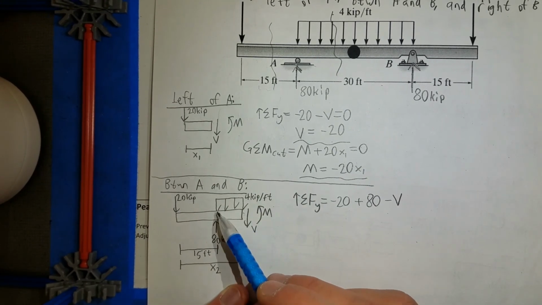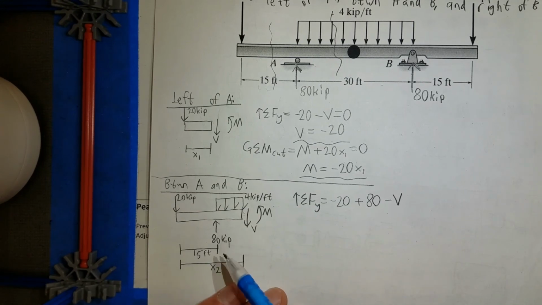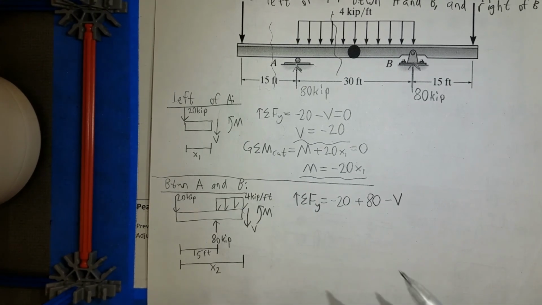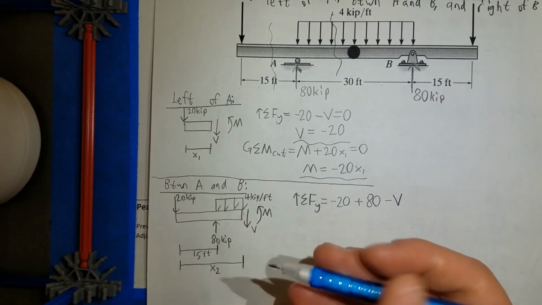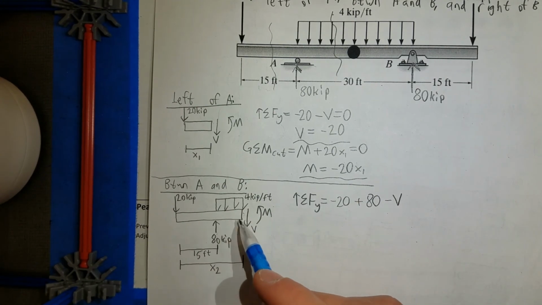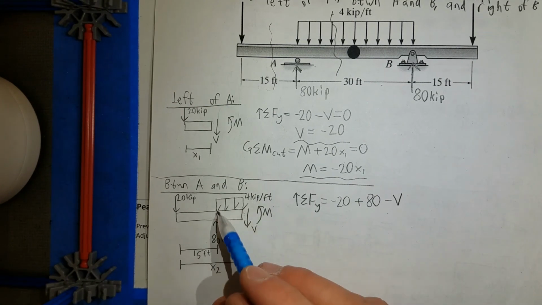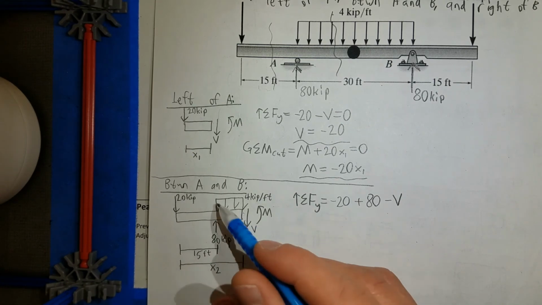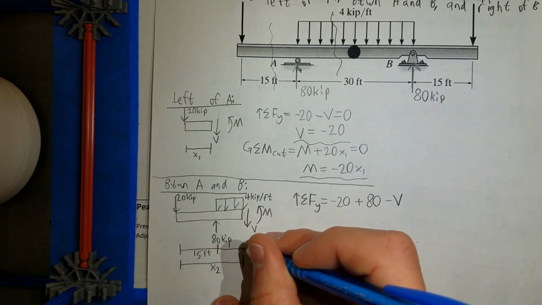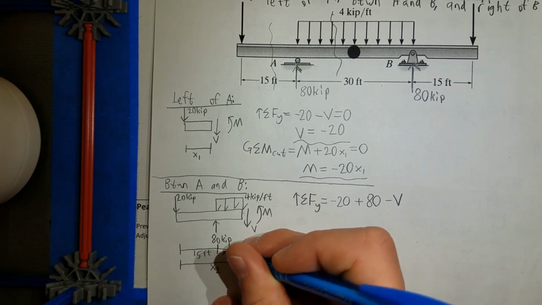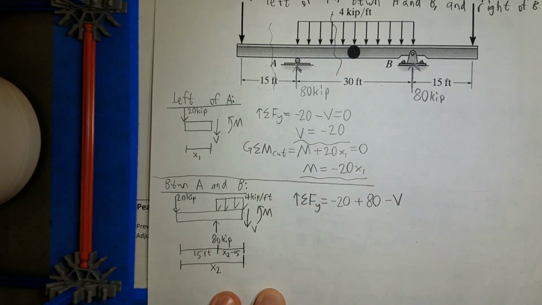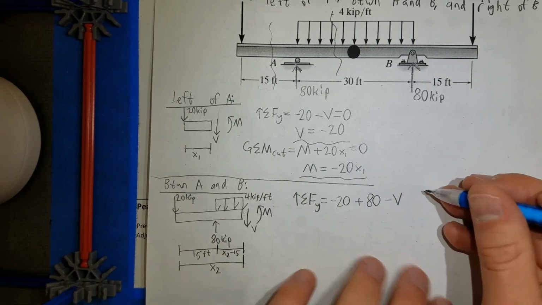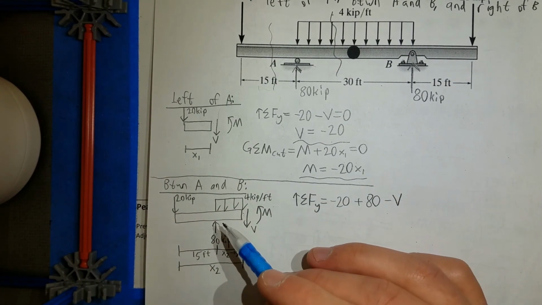We've got our distributed load, but we don't have a set distance for it, so we're going to have to figure out what this distance is. We know what this 15 feet is here, and we know the total length. The distance of this is essentially going to be our total length, x2 minus 15. So hopefully that's not too difficult to see there.